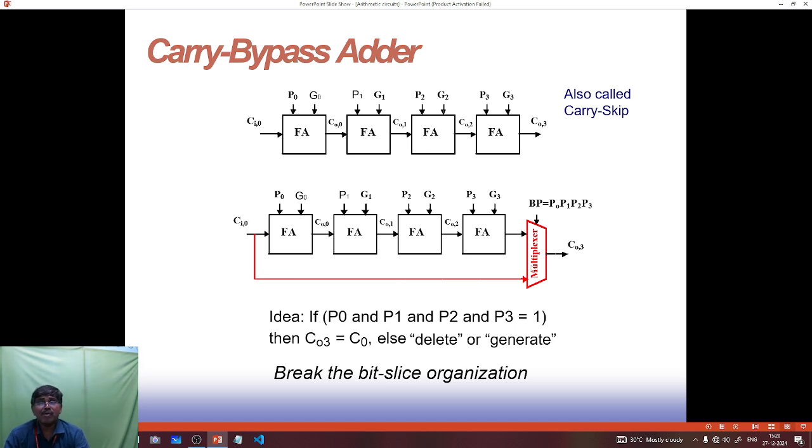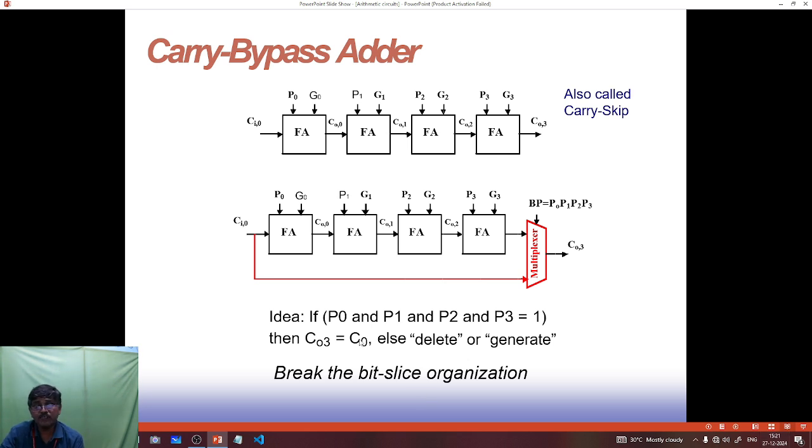The carry bypass adder is very advantageous when you are using adder circuits, because when the A input and B input are both 0 or both 1, there is no need of the carry operation. It will be directly connected to the outputs. That is the idea: propagate P0 is generated by using an XOR gate, where for a different input the output will be 1, and in the remaining states the output will be 0.